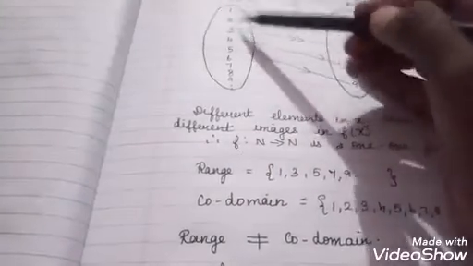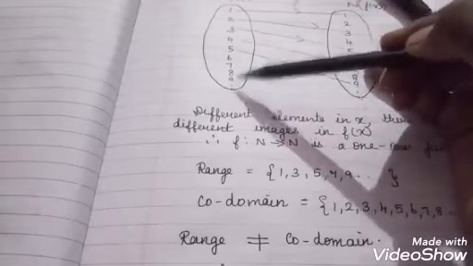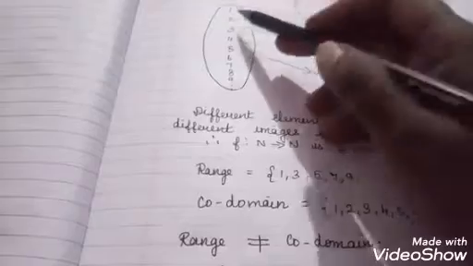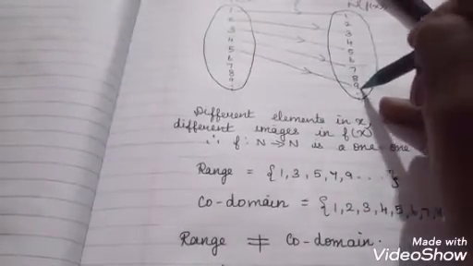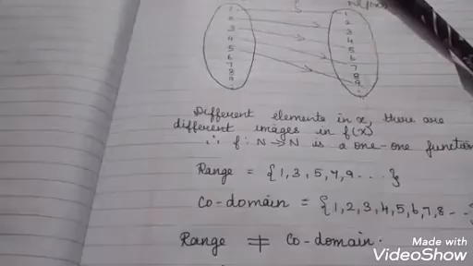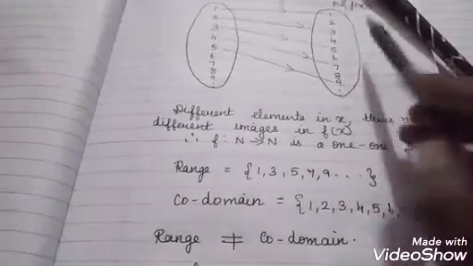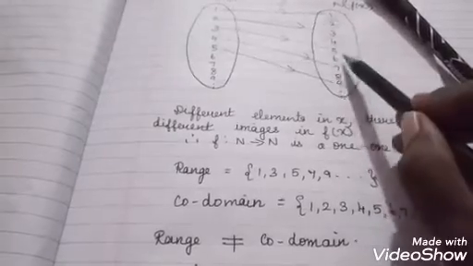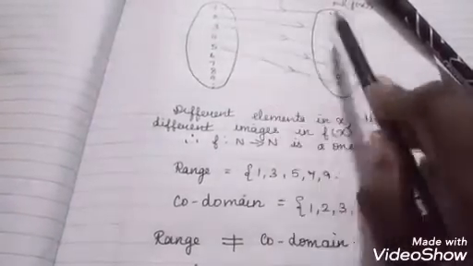As it goes on, all the elements in the domain, you take 7 or 8 or 9, will have some image for sure in the codomain. But if you see here, in the codomain, for example, if you take all even numbers, 2, 4, 6, 8, 10, they don't have pre-images.